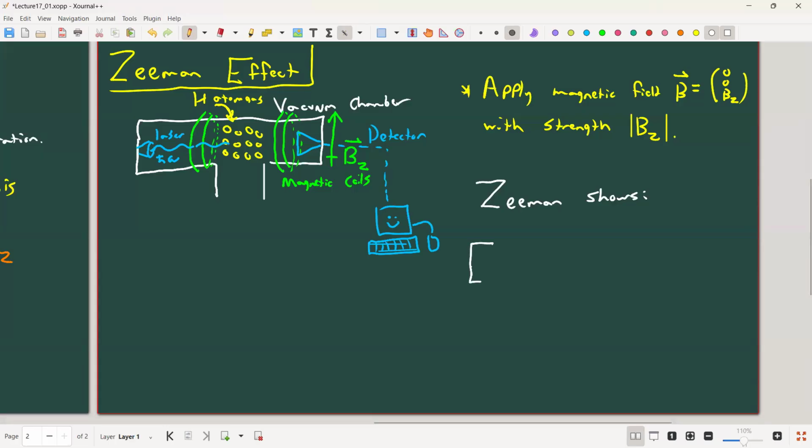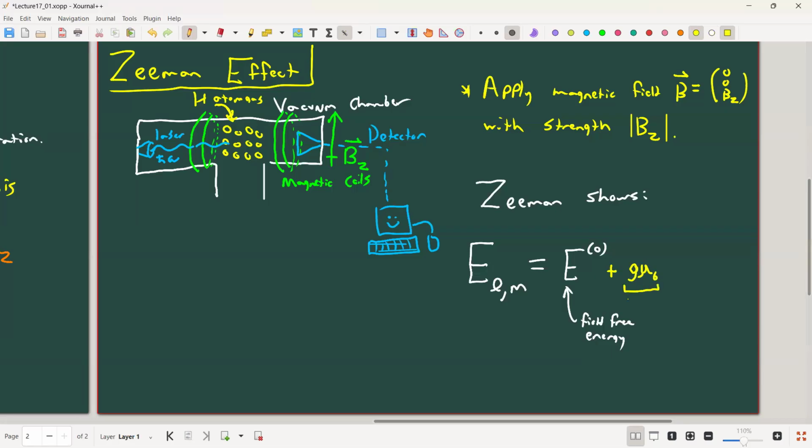What he shows is that the energy, which is a function of L and M, is equal to the energy without the field, which I'll write down in a second, and it gets modified by a term proportional to a constant g times mu B. This is called the magnetic moment. It's like the dipole, but for the hydrogen atom. It's the magnetic dipole times the strength of the field, times the M number for the state.